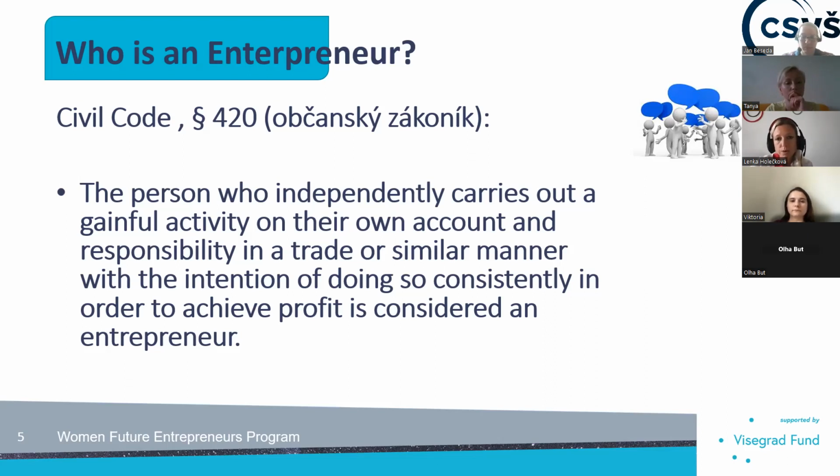Consistently is also an important thing, because crucial is the intention to repeat our activity in the future. It doesn't mean permanently, but consistently. It means that we want to repeat our activity, our business, in the future. And of course, our main goal is to achieve profit, to be profitable. And that's it. That's an entrepreneur regarding the Czech law.